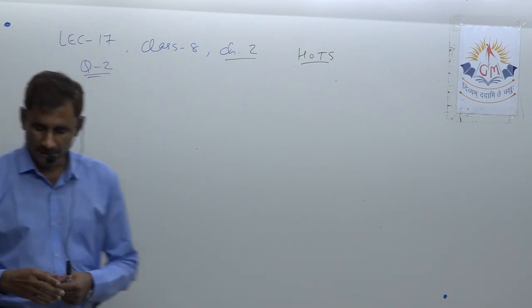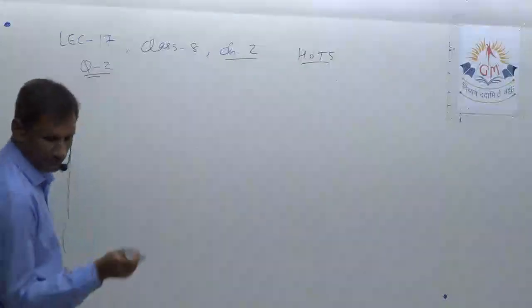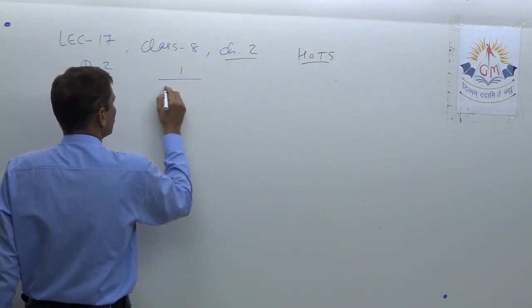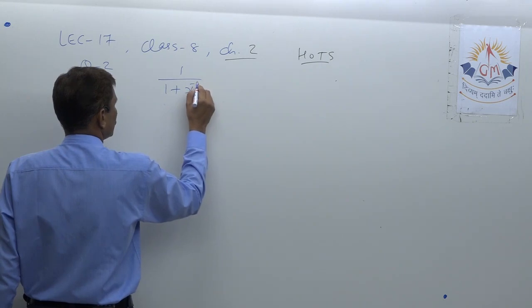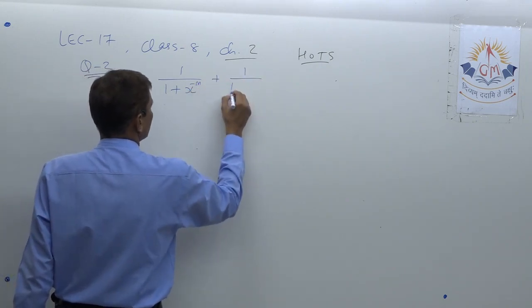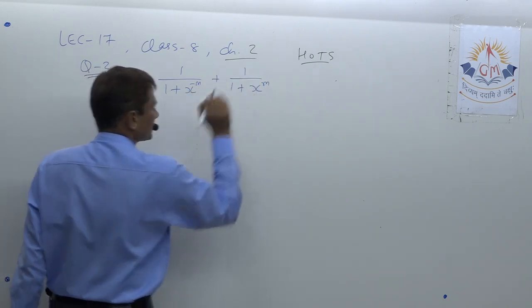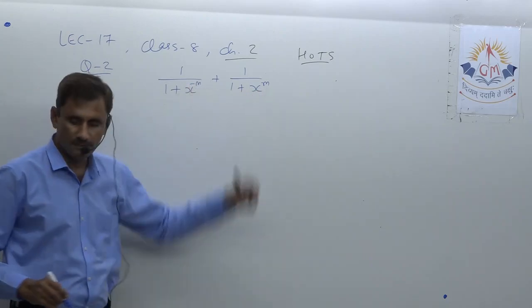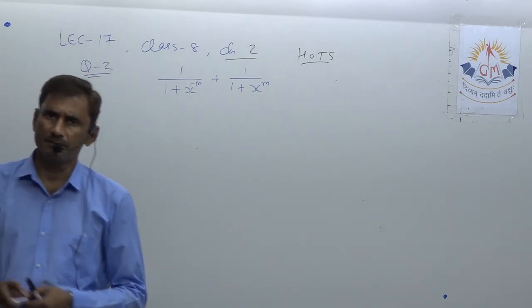Simplify whatever is given: 1 upon 1 plus x raised to minus m, plus 1 upon 1 plus x raised to plus m. Here raised to minus m, here plus m. Now we have to simplify.